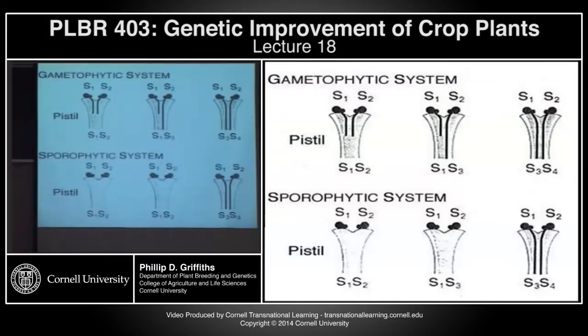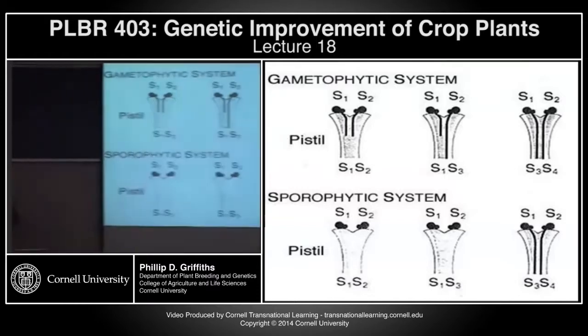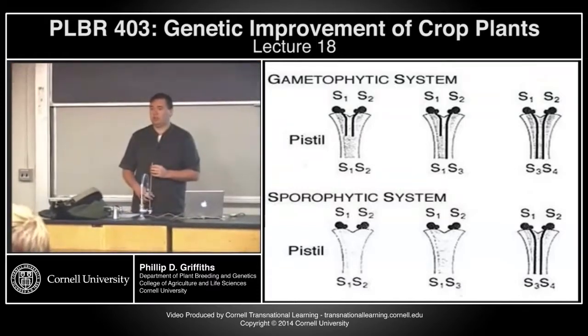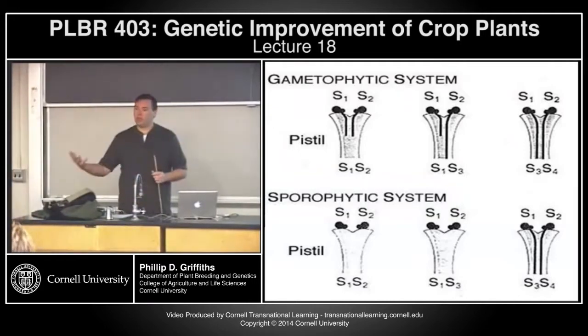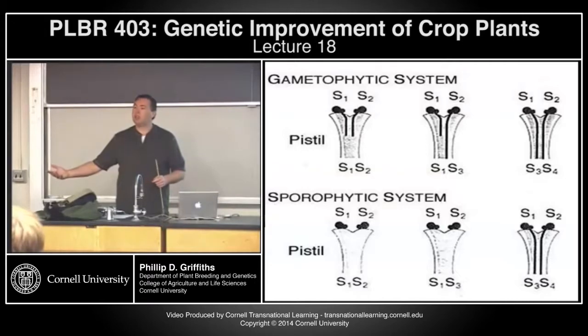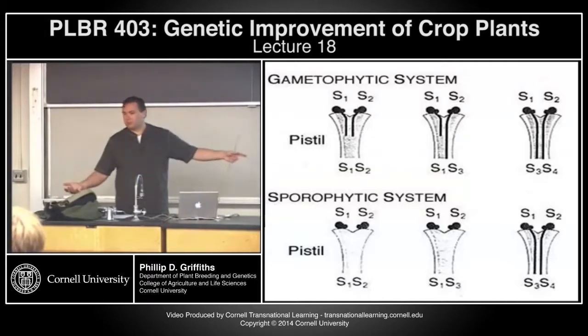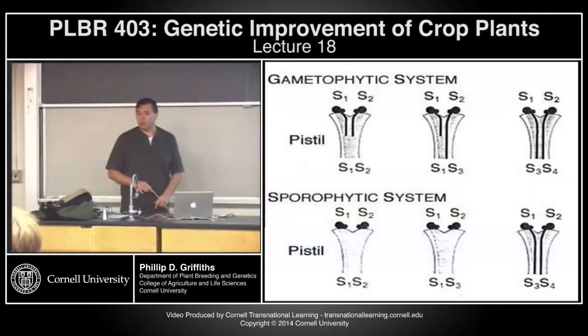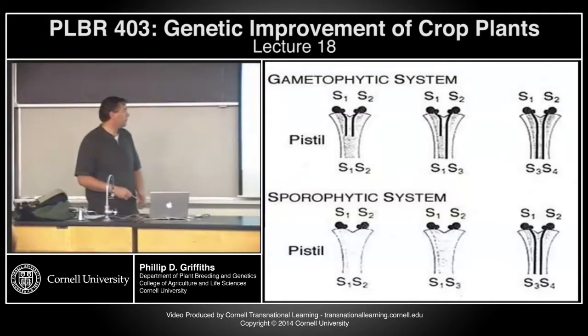In the case of brassica vegetables, they have over 50 S alleles. So you might be working, one parent may have S47, S49, the pollen parent may be S18, S20. They could be heterozygous or they could be homozygous.